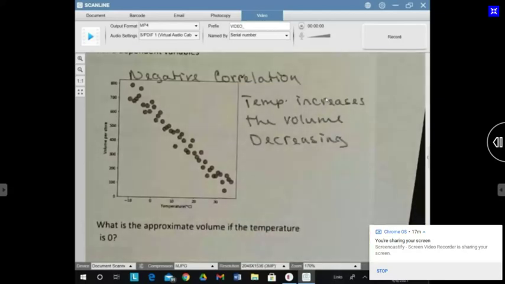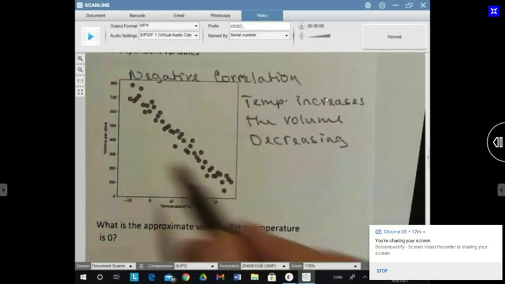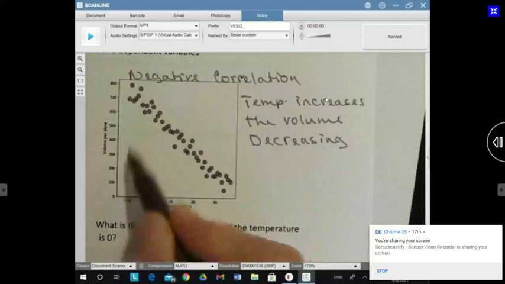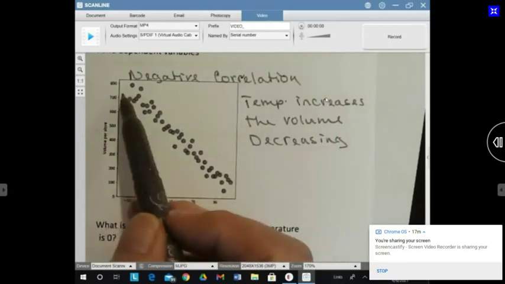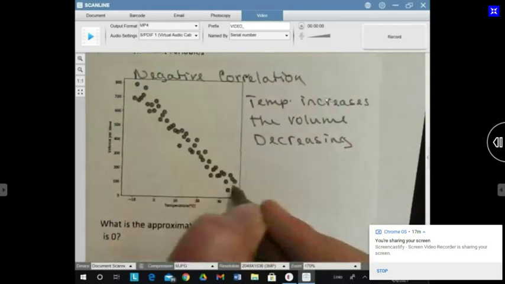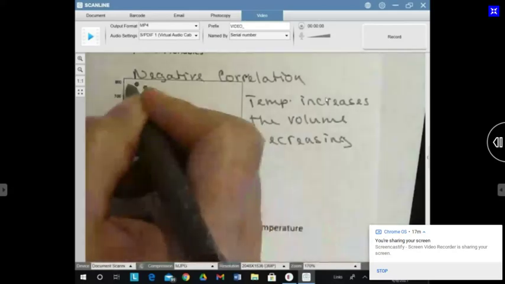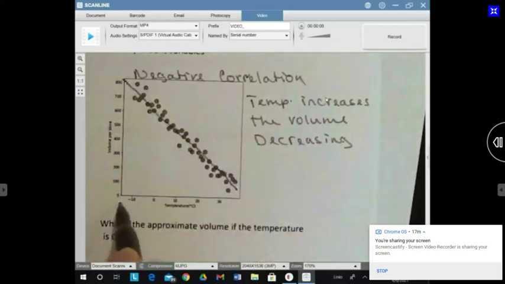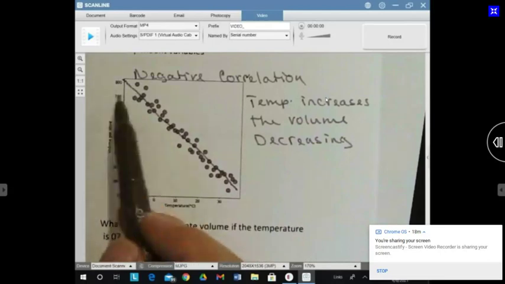What is the approximate volume if the temperature is 0? If I drew a line of best fit going through here, at 0, my volume is about 800.